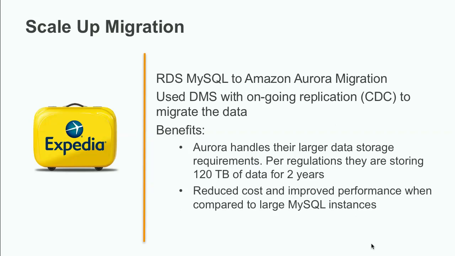We have Expedia that migrated from MySQL to Aurora, which is a compatible engine, and without any downtime. So Expedia, one of the more popular travel sites, without any downtime.